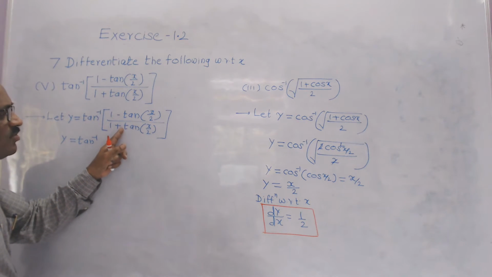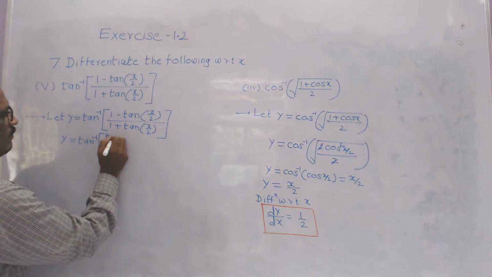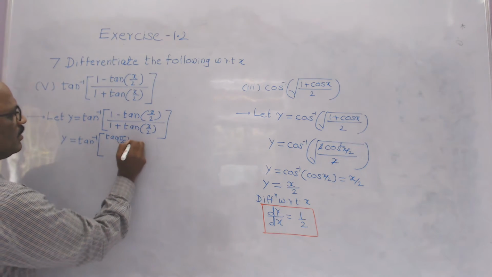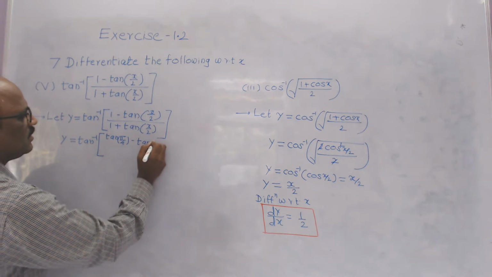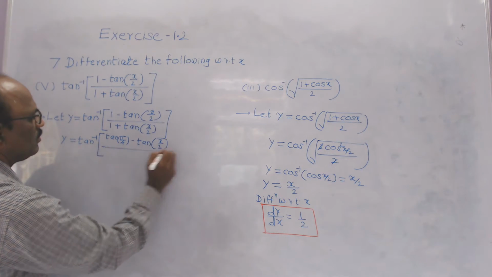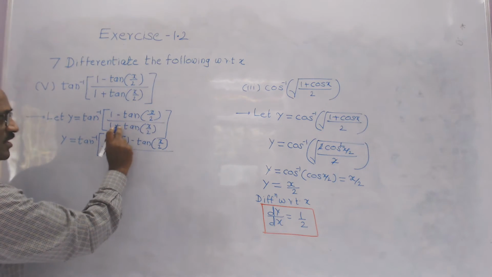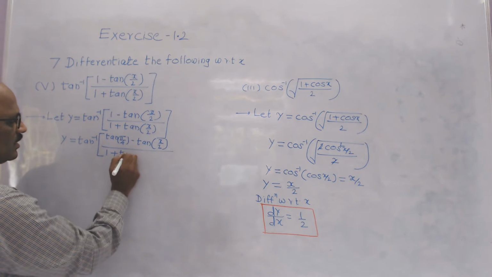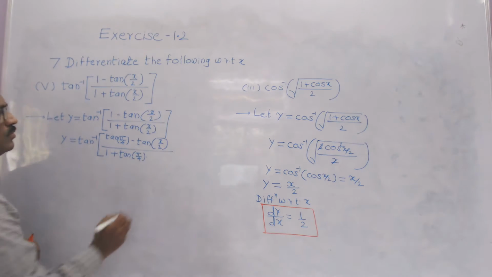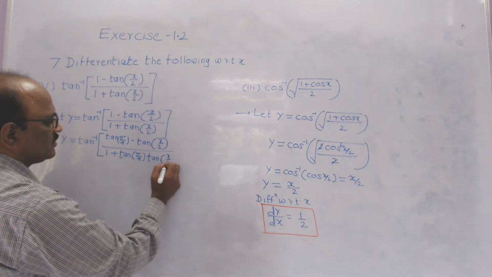But here again 1 means tan of pi by 4. Therefore here tan of pi by 4 minus tan of x by 2 upon 1 plus 1 into tan of x by 2. But this 1 means again tan of pi by 4 into tan of x upon 2.